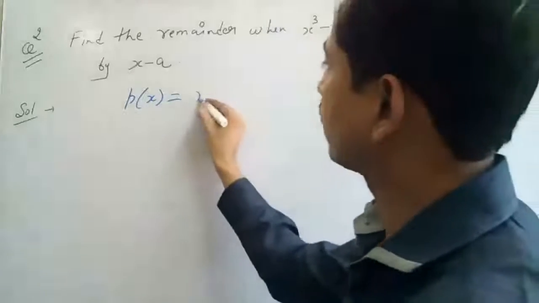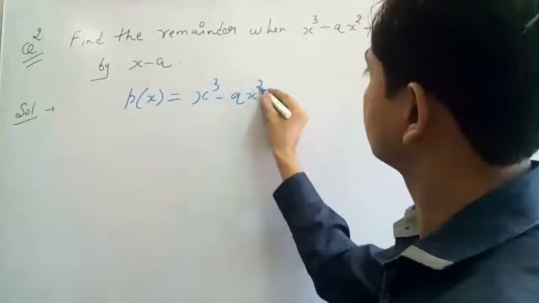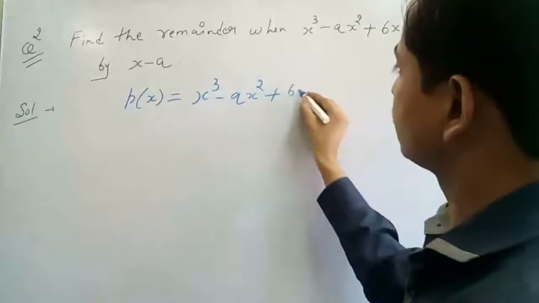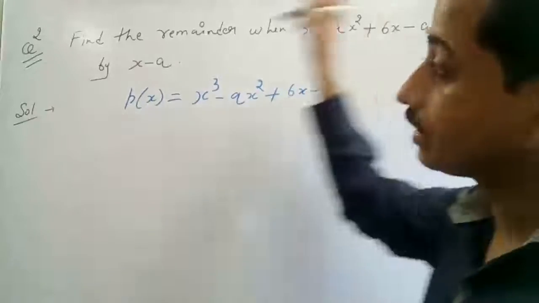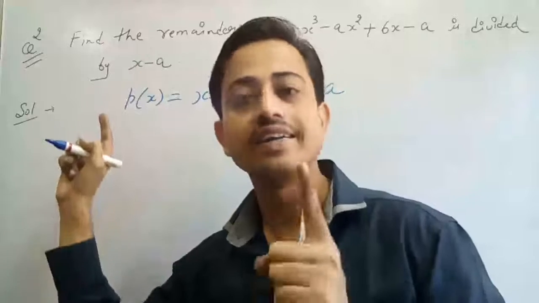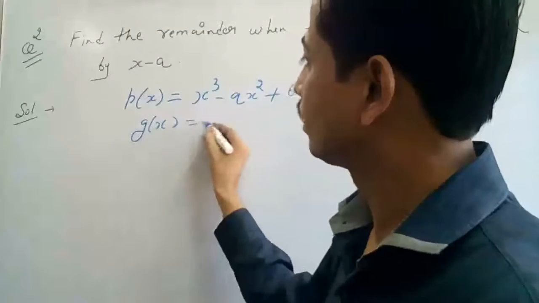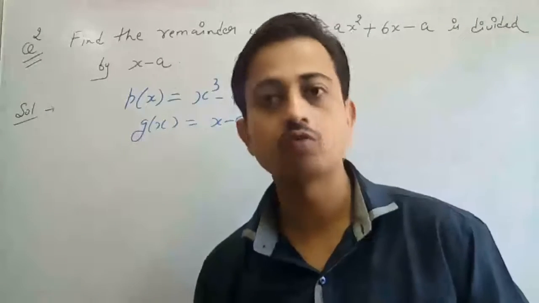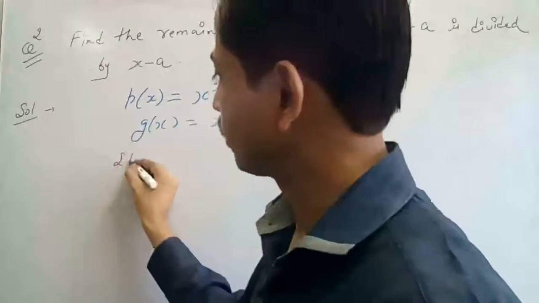So I write x cube minus ax square plus 6x minus a, divided by the divisor, which is represented by g of x, x minus a. The question is very similar to the first question. We have to find the remainder. So what is step 1?